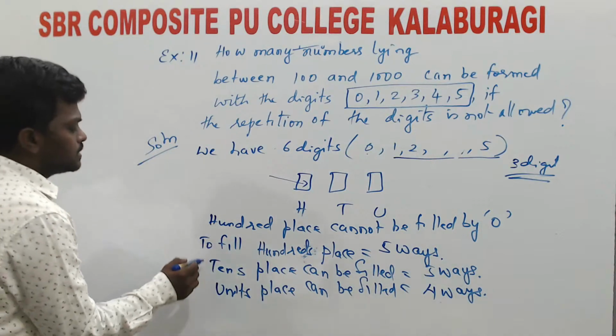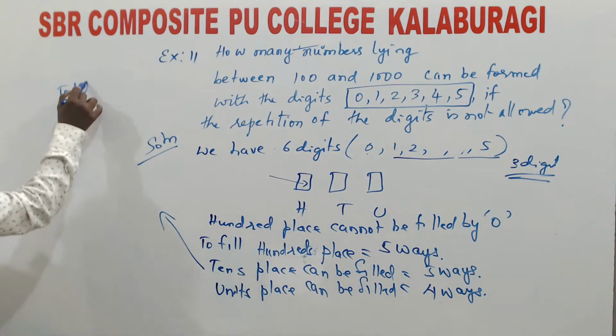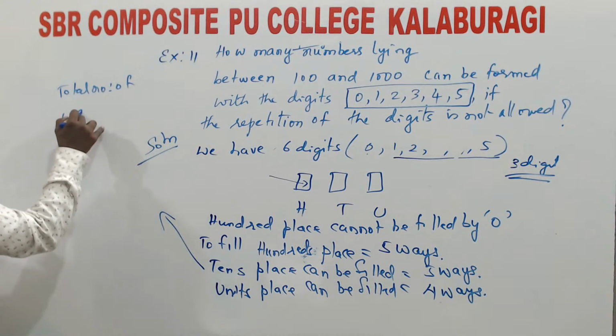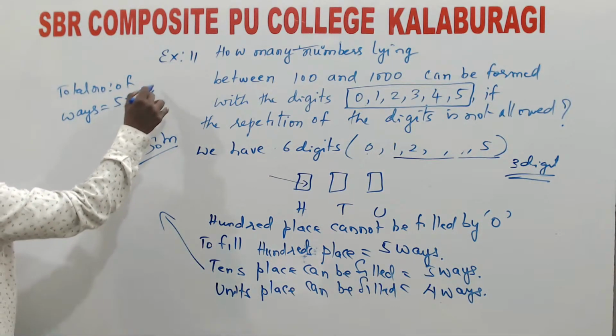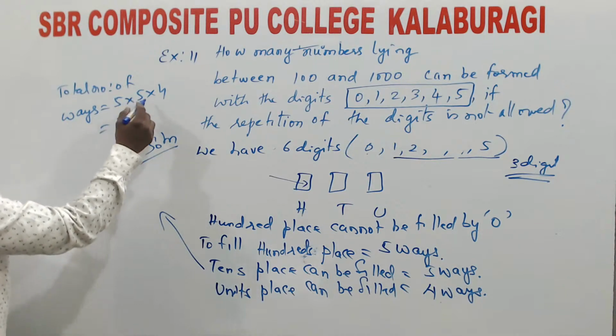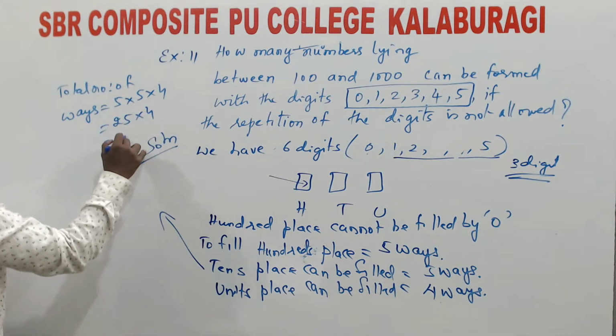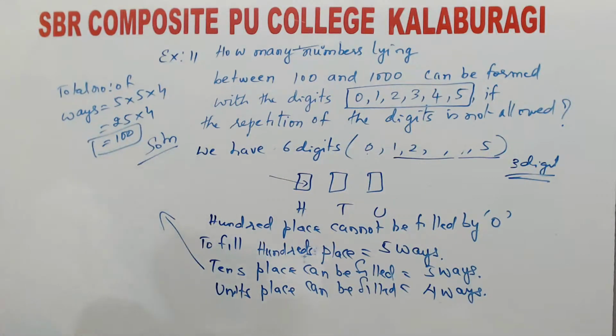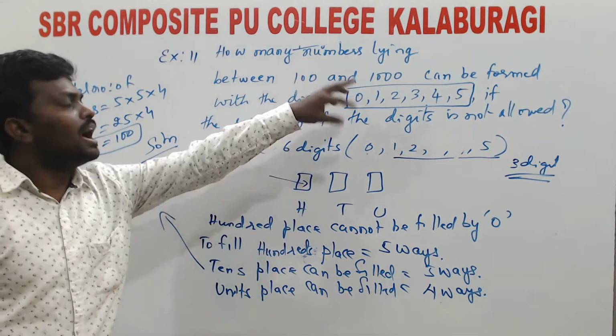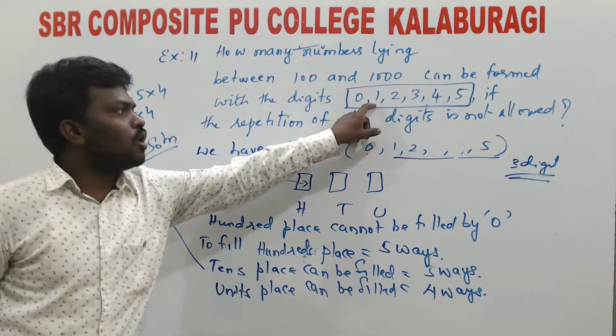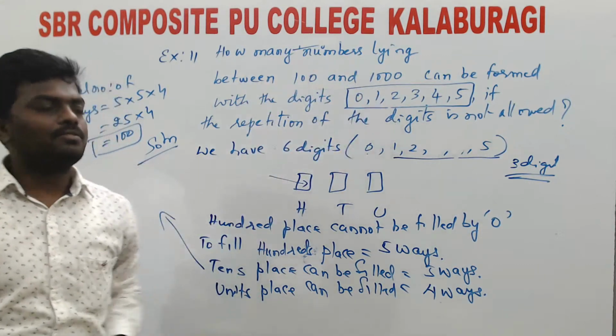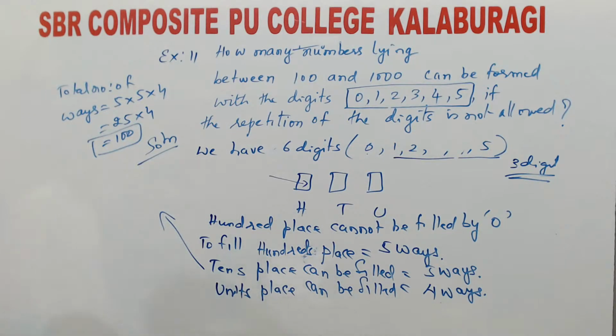So the total number of ways is 5 into 5 into 4, so 25 into 4 is equal to 100. So there are 100 possible 3-digit numbers between 100 and 1000 that we can form out of 0, 1, 2, 3, 4, 5. So this is our example 11. Now example 12.